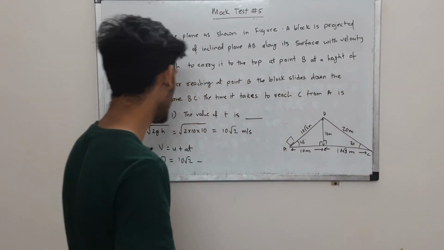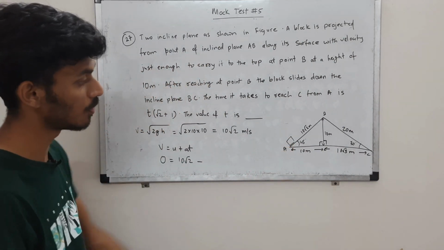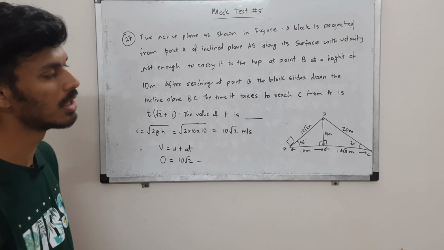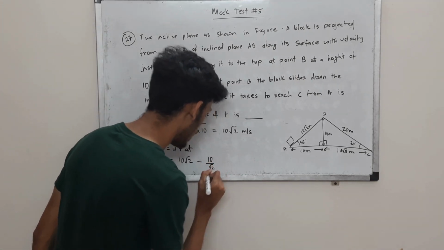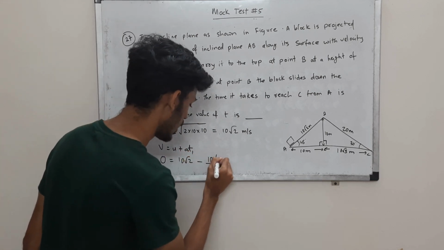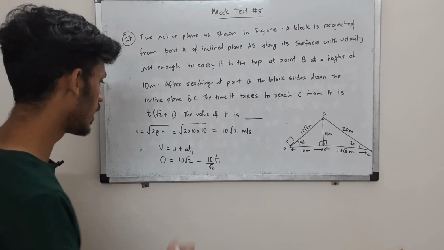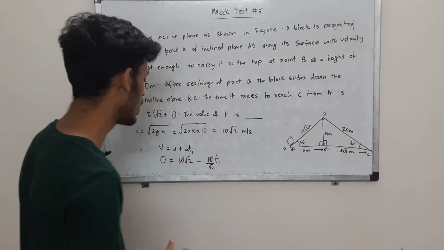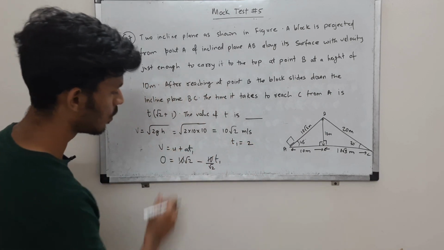The acceleration down the incline is g sin theta, g sin 45, which is g by root 2 or 10 by root 2, and time t1 is what we are supposed to find for the A to B journey. So we can take it to the other side, 10 will get cancelled and t1 will be nothing but 2 root 2 times root 2, which will be 2.